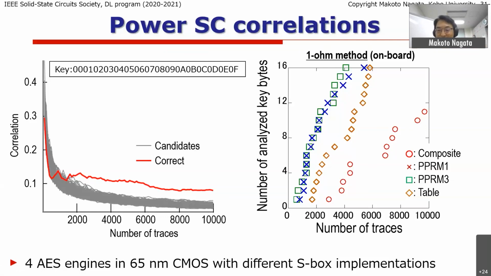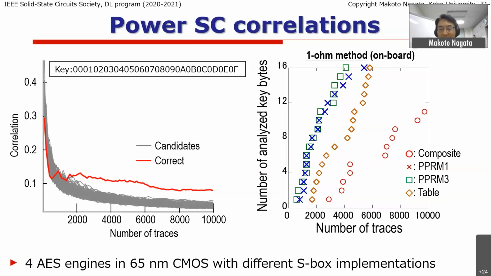Once again, the attacker has another freedom: how many traces can you capture? If they have a big data server, they can easily handle millions of traces and make the correlation shown on the left.